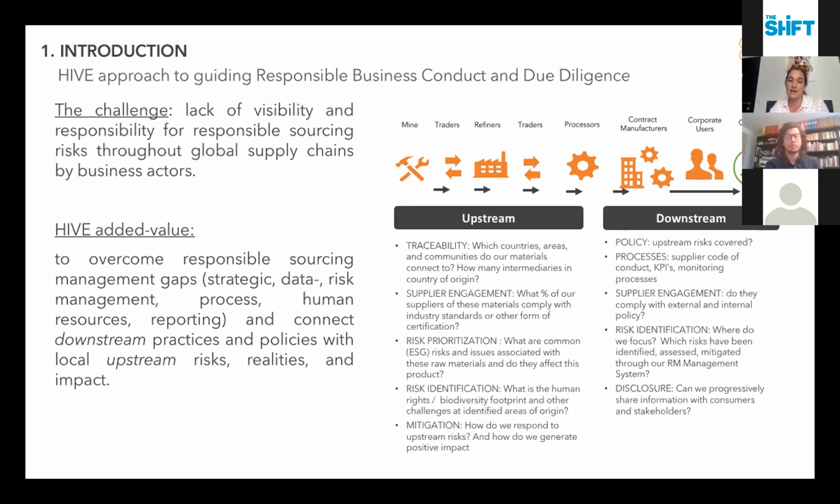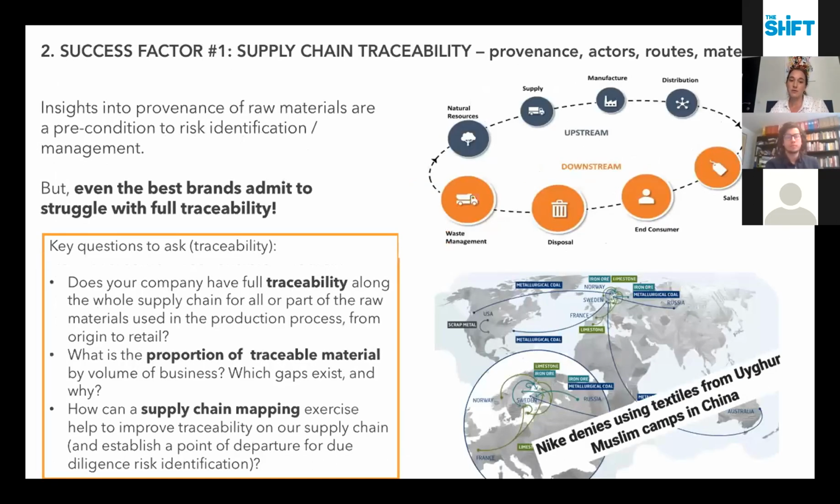So it's all quite connected. And we really work on the basis of the responsible business conduct guidelines from the OECD. And then there are obviously sector-specific guidelines, for example, for textiles and minerals. And there's currently really an overlapping field of industry standards.